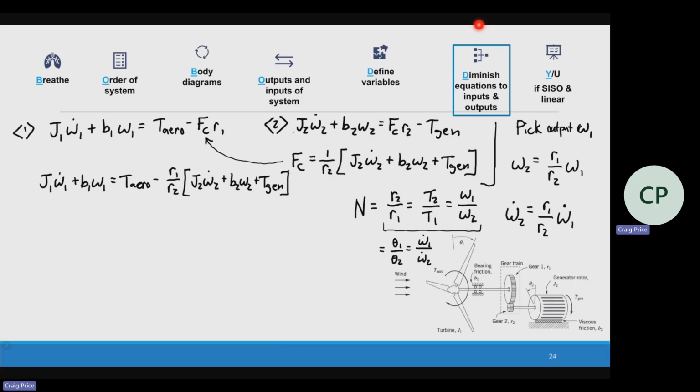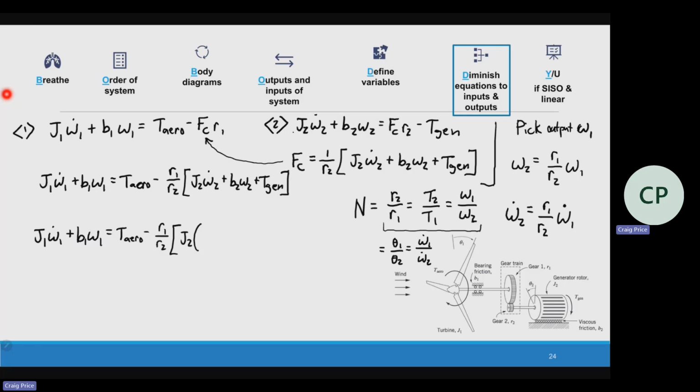So we're going to plug them in. Now that I've got my relationships, everything is going to be in terms of omega 1. So I've now gotten to my first omega 2.